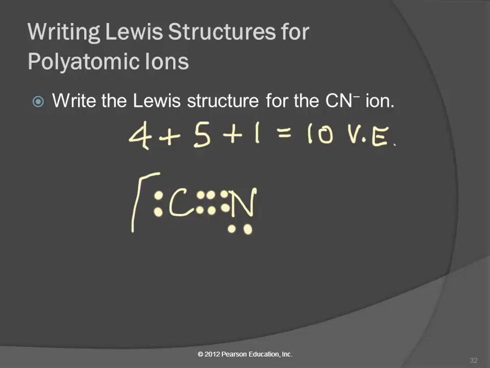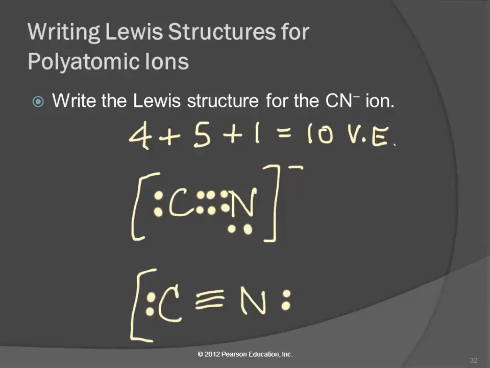And then we would have to put brackets and the charge. The other way to represent this is with 3 lines. And then there's a lone pair on the carbon and a lone pair on the nitrogen. Brackets, charge on the outside.